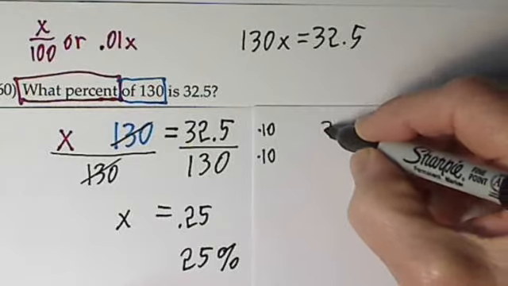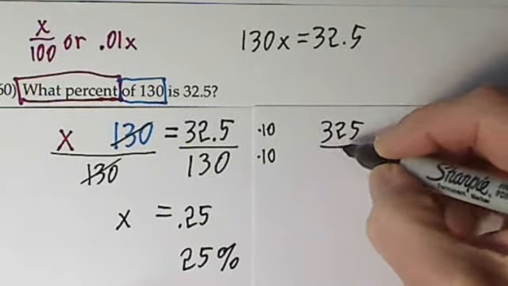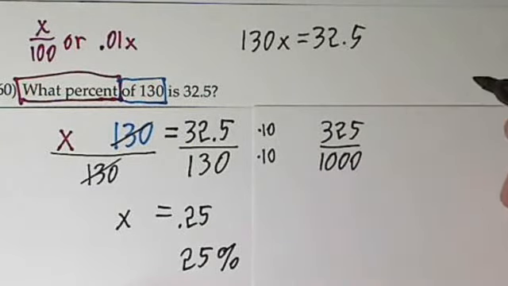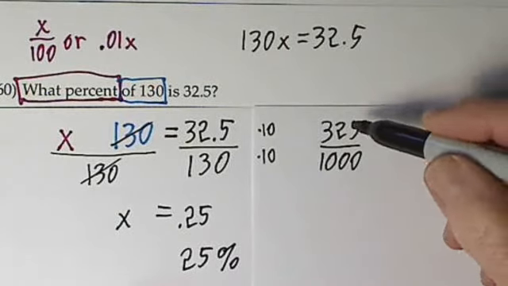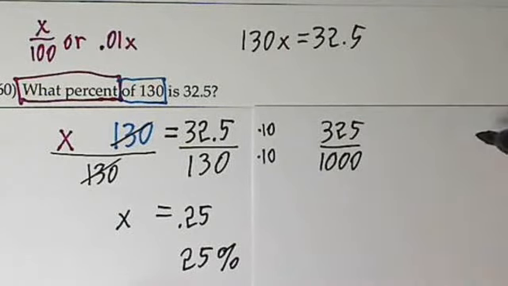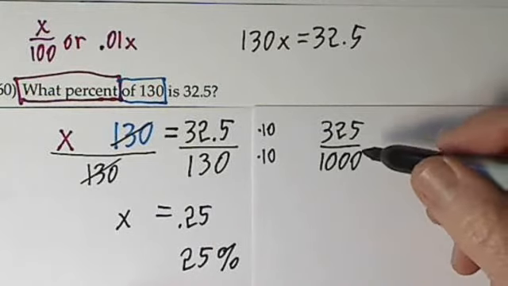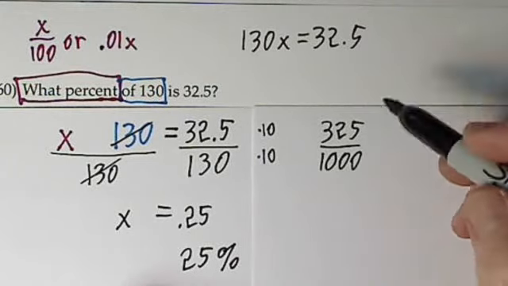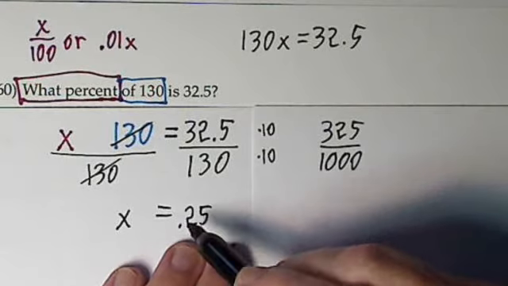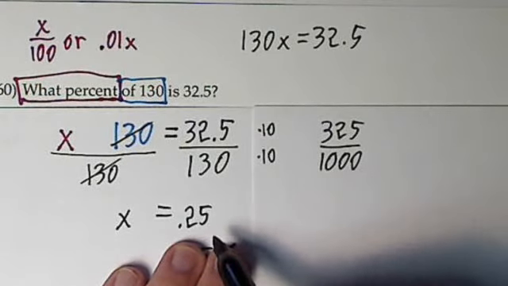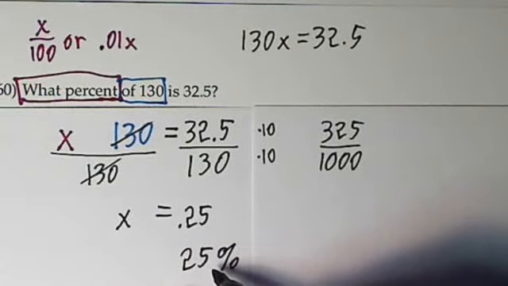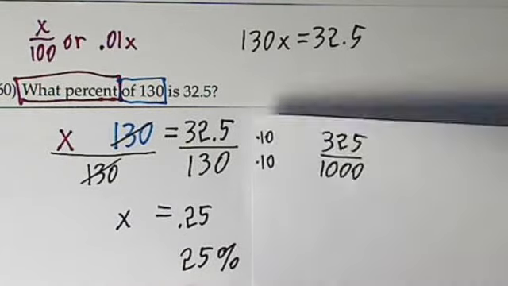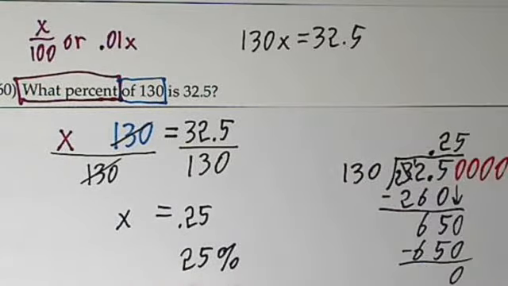So that would give us 325 over 1,000. And this would keep simplifying. I could do long division. I could keep simplifying. But one way or another, I'm going to end up with 25 hundredths, and then I'll have to change it to a percent. Let's just leave it as how we did do it.